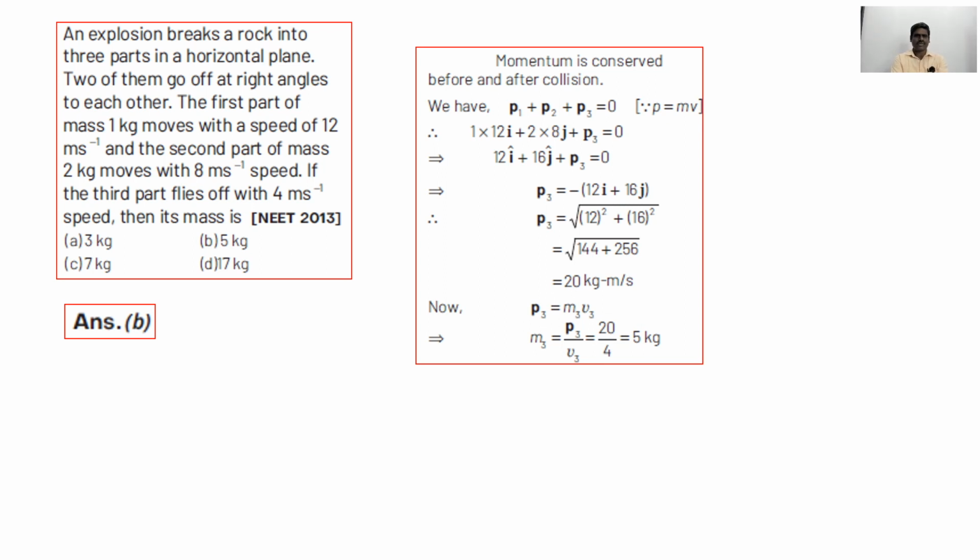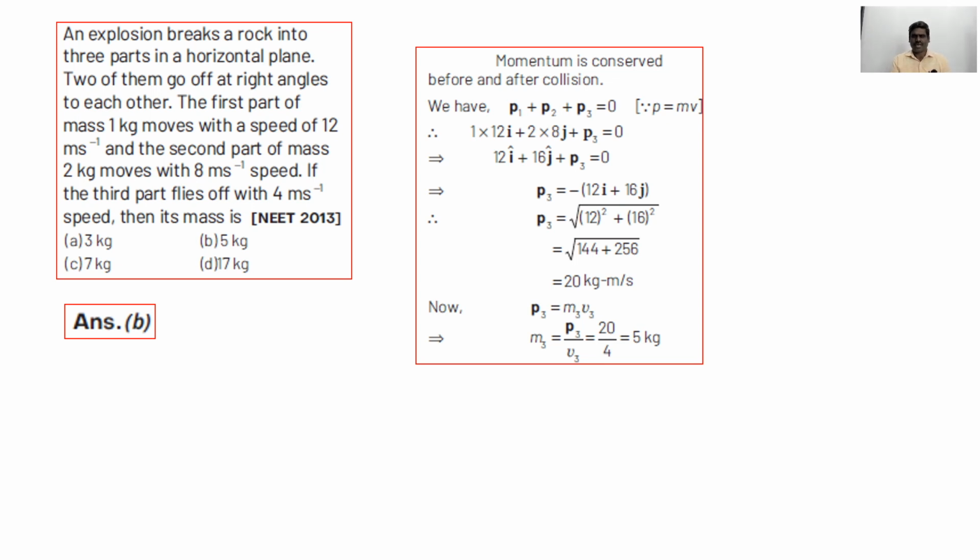We are assuming that 2 parts move with velocity: the first part of mass 1 kilogram at 12 meter per second, and the second part of mass 2 kilogram at 8 meter per second. Both are at right angles to each other. Then the third momentum will be the resultant of these two, and these two are acting along 2 perpendicular axes.